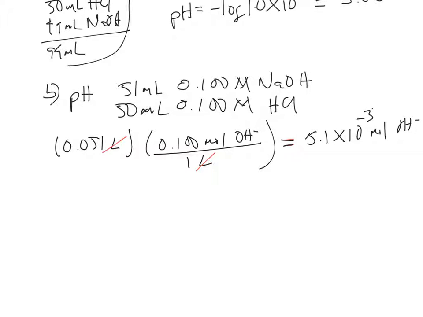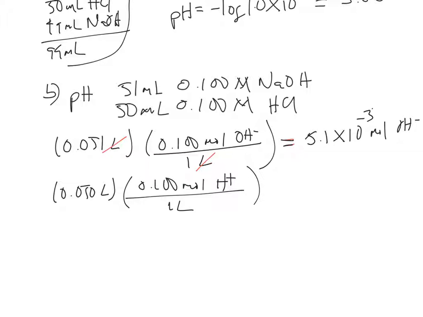For the HCl, we said that before, so it's 0.050 liters times 0.100 moles of H positive divided by 1 liter. This is the concentration of HCl, 0.1, and this will be equal to 5.0 times 10 power of minus 3 moles of H positive.